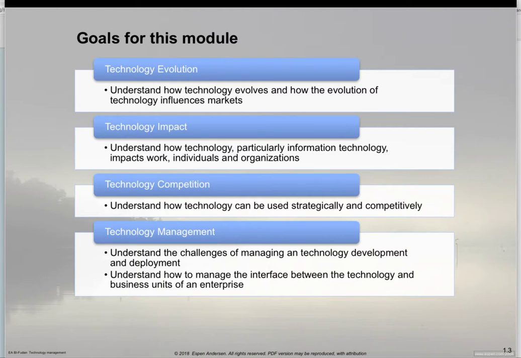And then there's also something about understanding the interaction between the technology part of an organization and the organization itself, the business part, how they connect to each other. And there are various ways of structuring that relationship. And it's important because that relationship, well, sometimes doesn't work so well in many organizations.